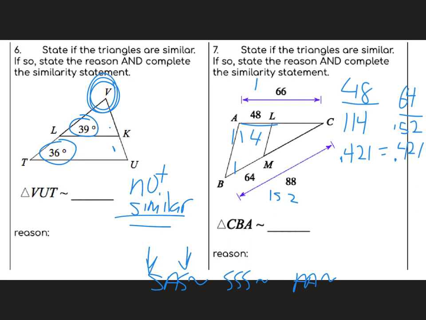If I were to separate those triangles, I have triangle ABC, and I have triangle LCM. Well, that was a bad picture. Let's try again with that one. So we've got that this side and this side are proportional, and then this side and this side are proportional.